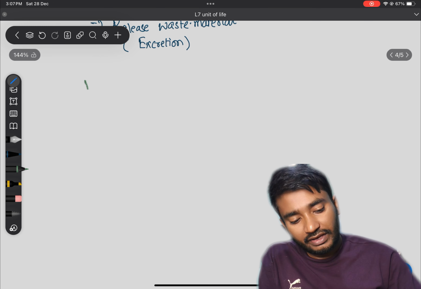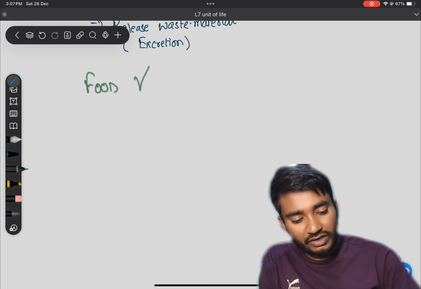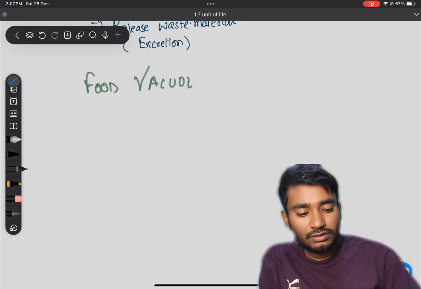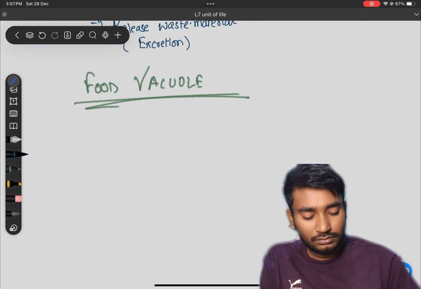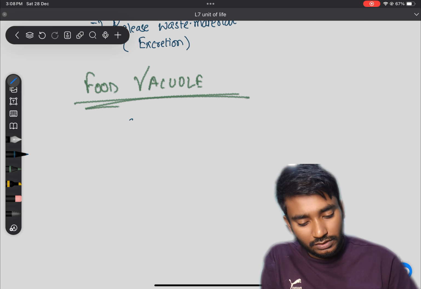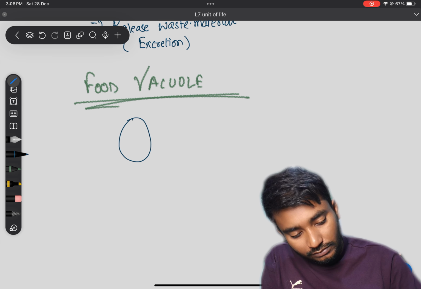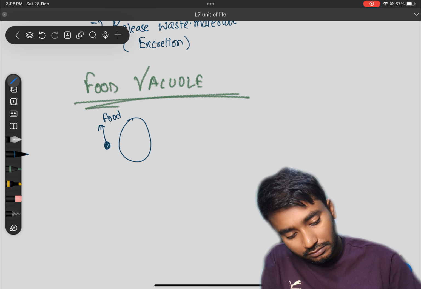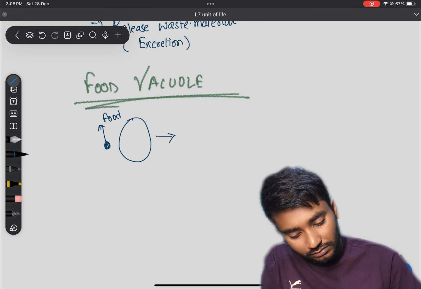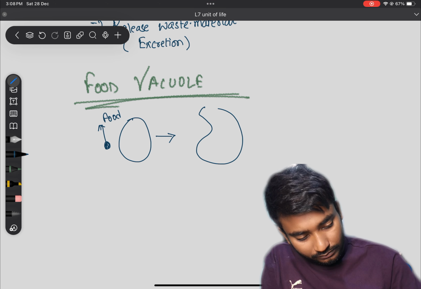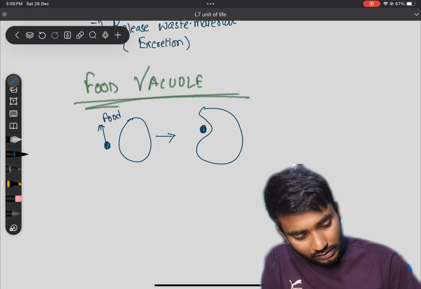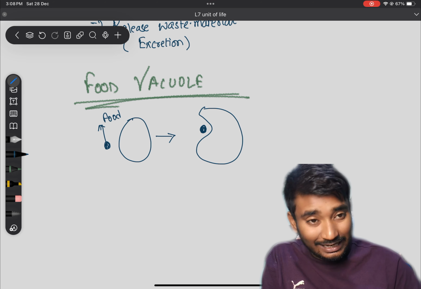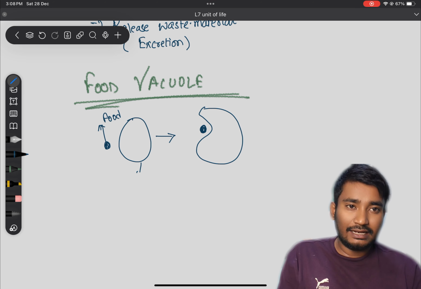Now we come to the food vacuole. So what is a food vacuole? This one is food. The food comes here and the cell engulfs it.